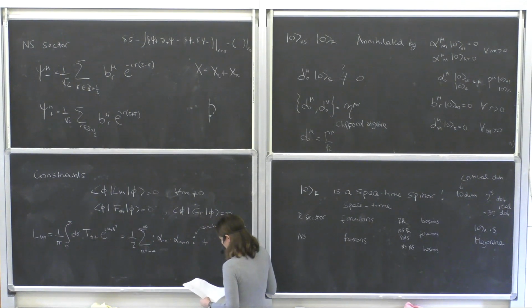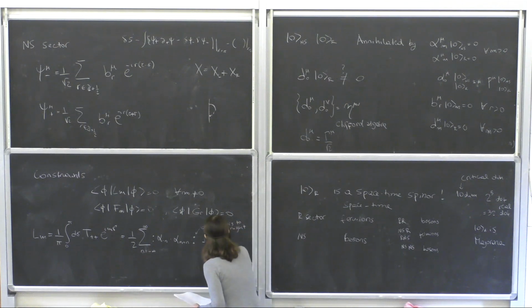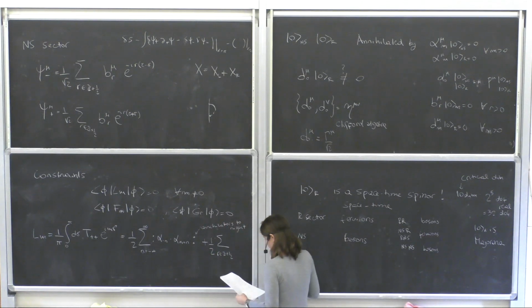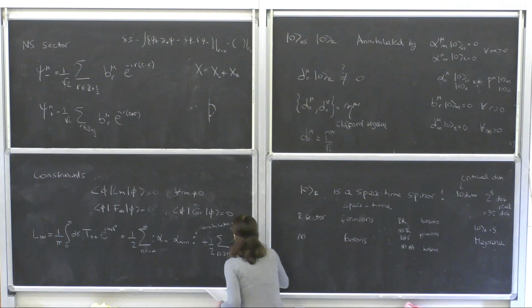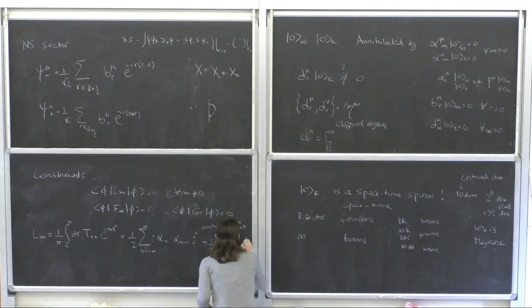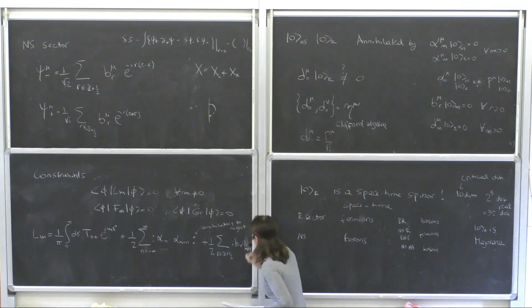And then the part of the psis is 1/2 of the sum of b minus r, b r plus m, normal ordered.